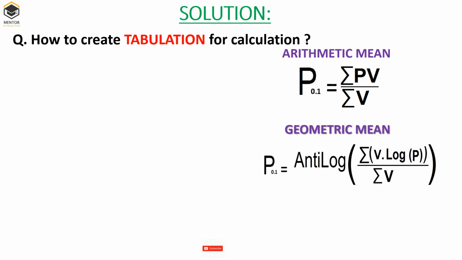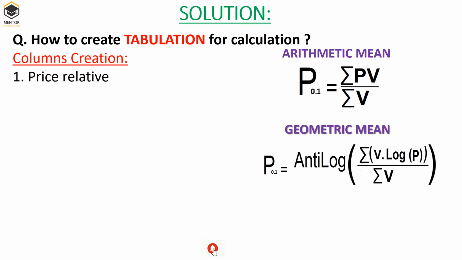What is the formula of geometric mean? Price index of the current year based on base year is equal to anti-log of summation of weights into log of price relative, whole divided by summation of the weights.